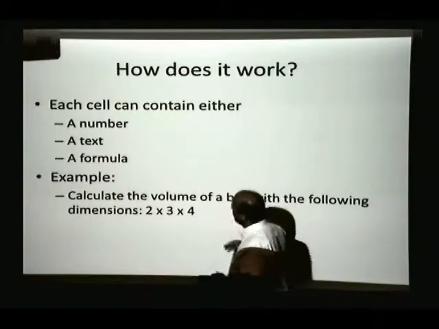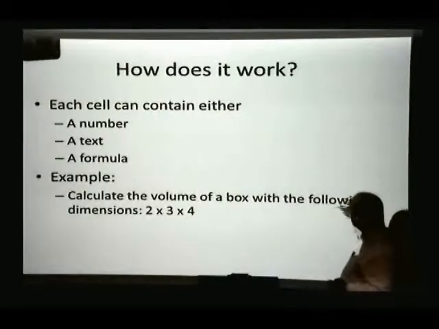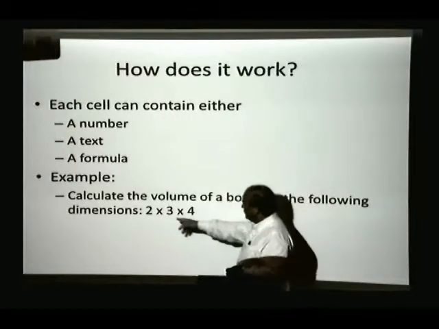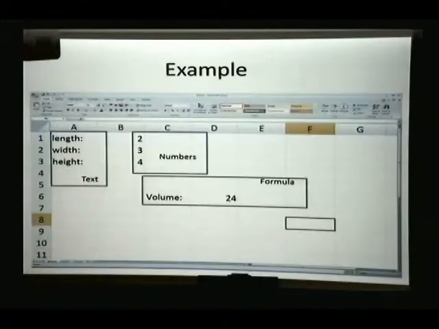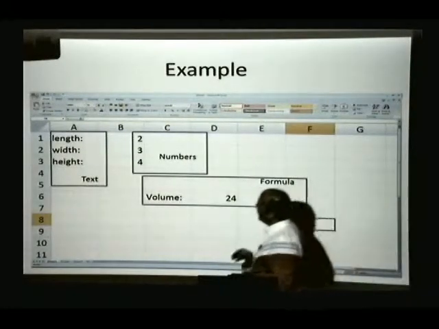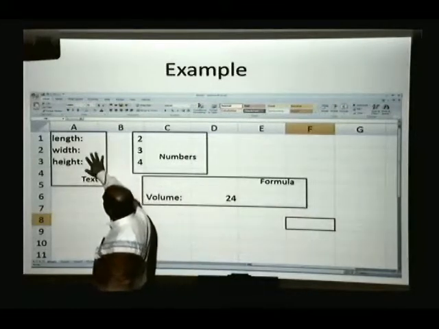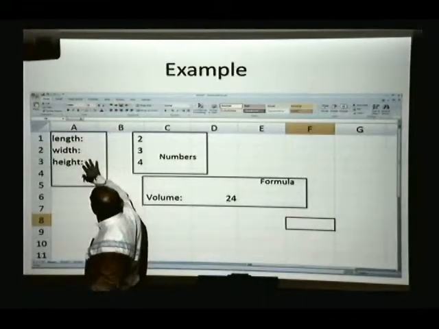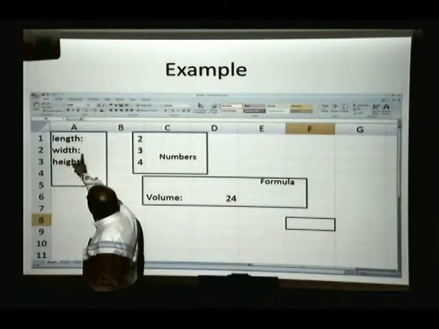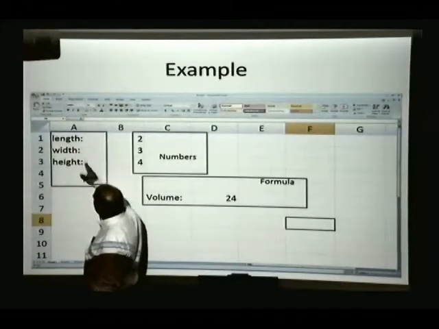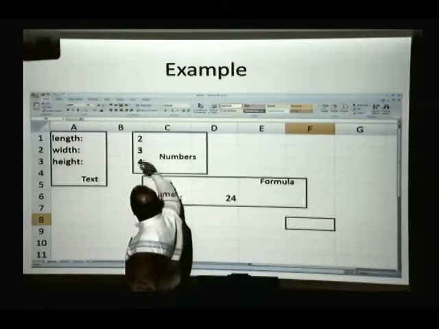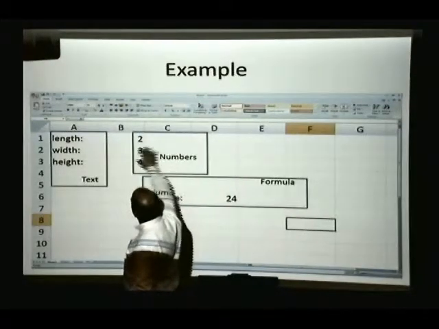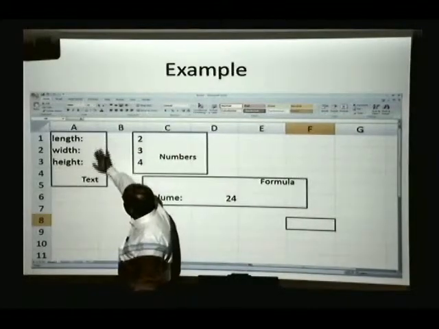If I ask you to calculate the volume of a box that has the following dimensions, 2 by 3 by 4, you should be able to enter the information in Excel such that you have text in some cells. You can type in length, width, and height in 3 cells, and then you enter 2, 3, and 4, which are numbers, indicating the length, width, and height.